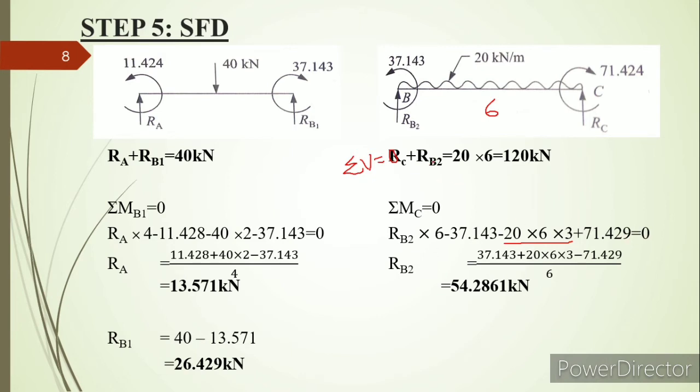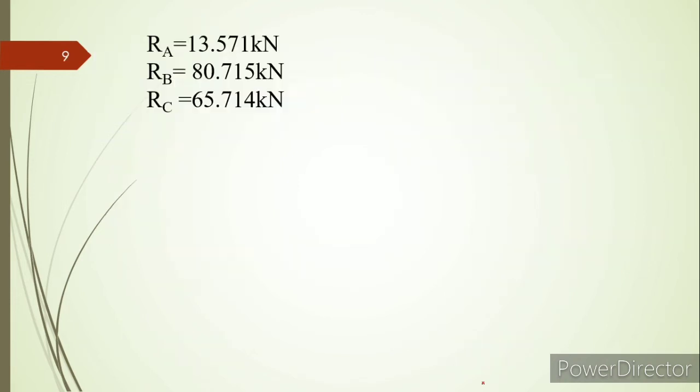Again, by substituting the value of RB2 in this equation, we get the value of RC. Therefore, RC is equal to 65.714 kilonewton. So we get all the values of RA, RB and RC. From the previous steps, RA is 13.57 kilonewton, RB is equal to 80.715 kilonewton, RC is equal to 65.714 kilonewton.